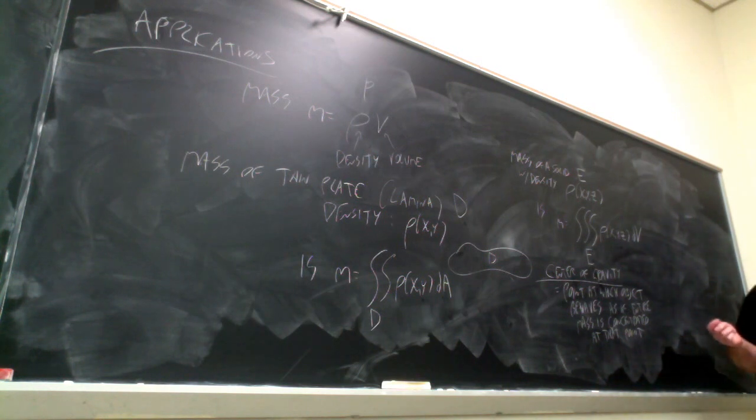As a seesaw with different masses at each end, at what point should it rest on to have balance? So we can use similar ideas. We would actually use the mass to help us compute the x, y, and z coordinates of the center of gravity.